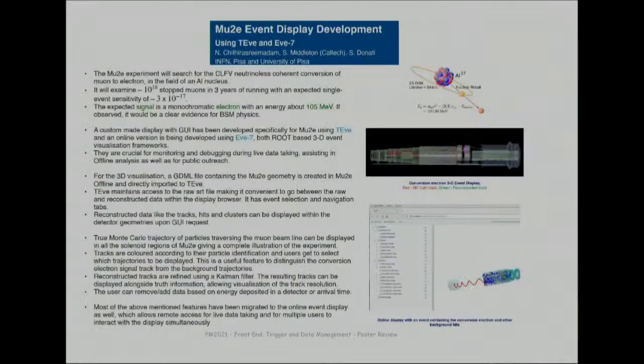And from the same experiment, there is a poster on the event display. It's an online and offline event display, which is needed to monitor during the data taking. It's to help interpretation of the analysis for the offline. And it's important for public outreach, showing the events that you can reconstruct.